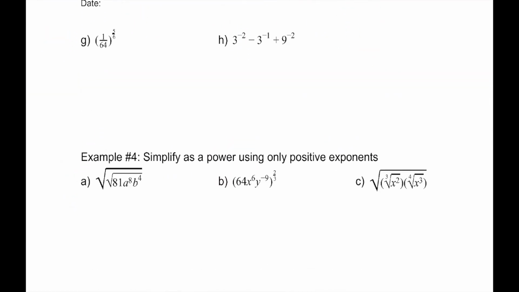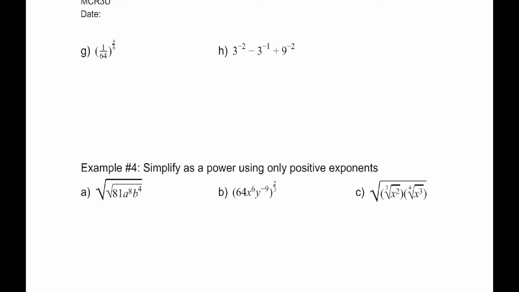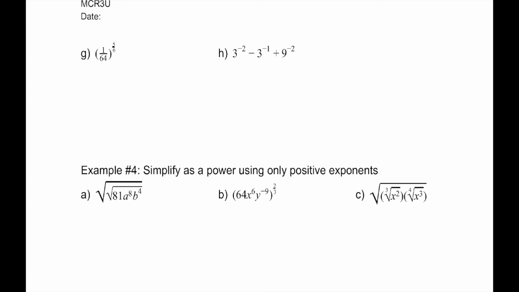Okay, so just working off some more examples. Now we're dealing with a fraction. So this is going to be the same thing as the 6th root of 1 over 64, to the power of 5. We could think of this, again, as sort of the power to a power law. We could think of this as the 6th root of 1 over the 6th root of 64.